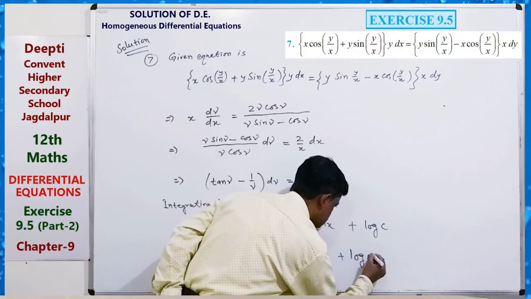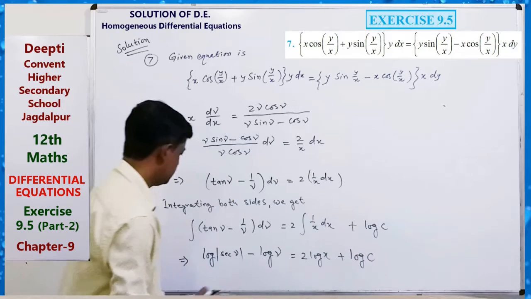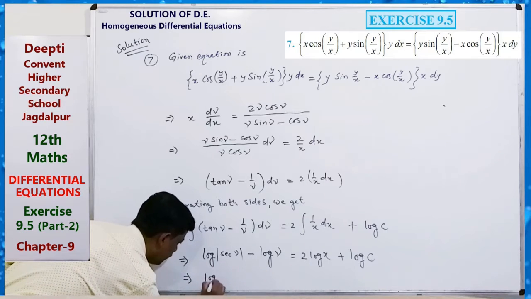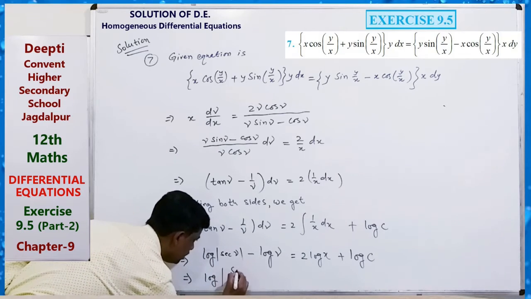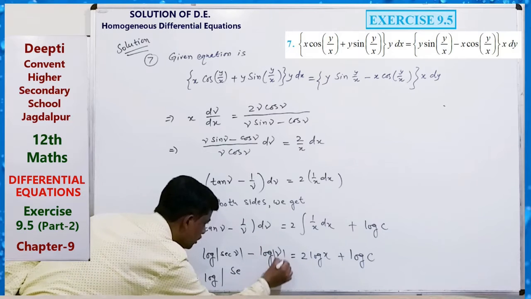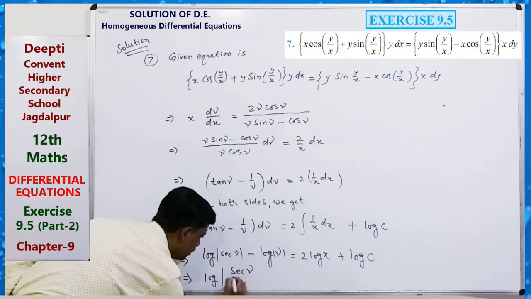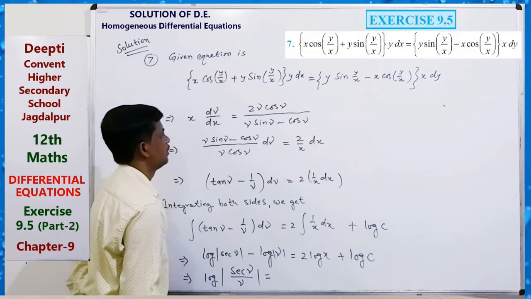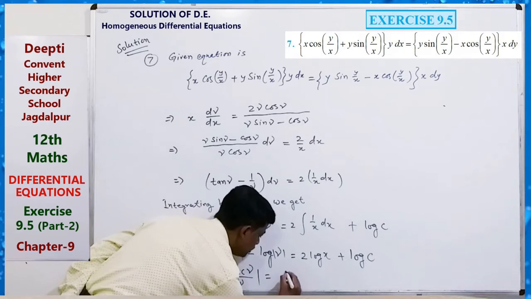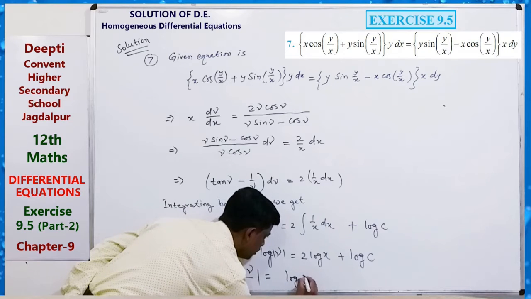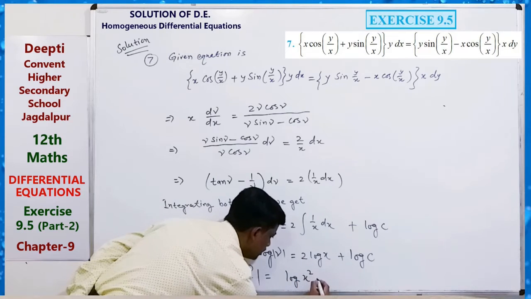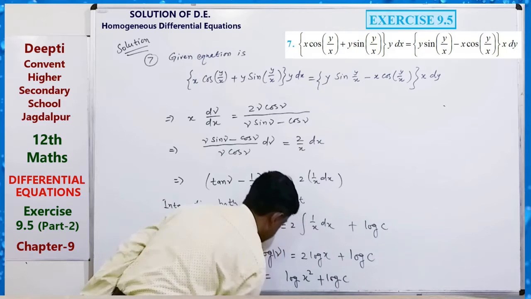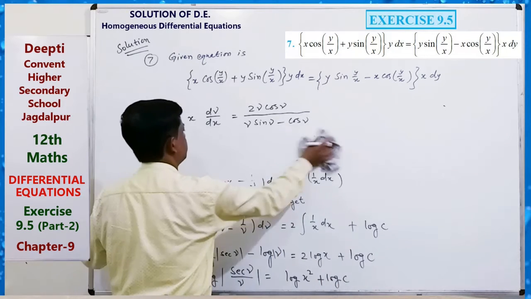For easily writing, we see that log of sec v upon v equals log of x square plus log of c. Just solve it.